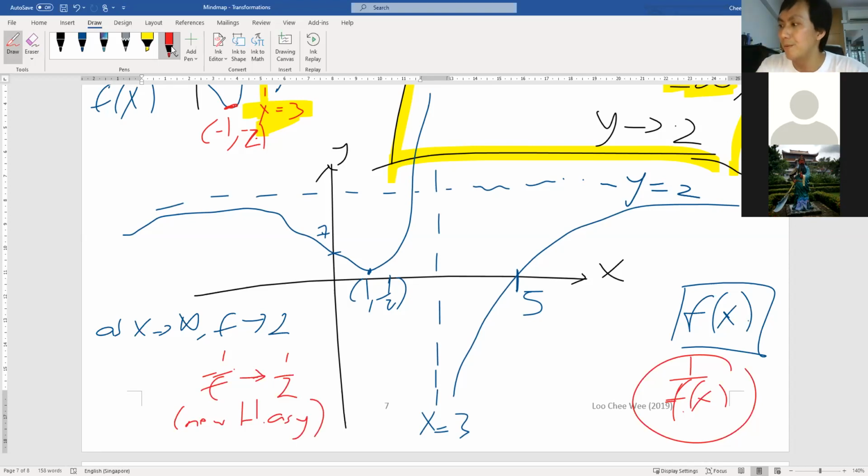Understand? Can follow now? Because the transformation is on the y, not on the x. So it's still 1 over f. Don't worry about this is 1 over infinity or whatsoever. Can I understand my argument here? Can follow?